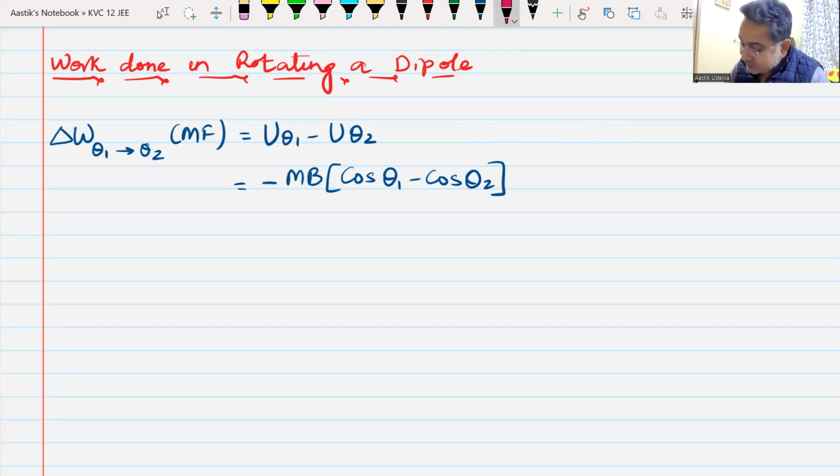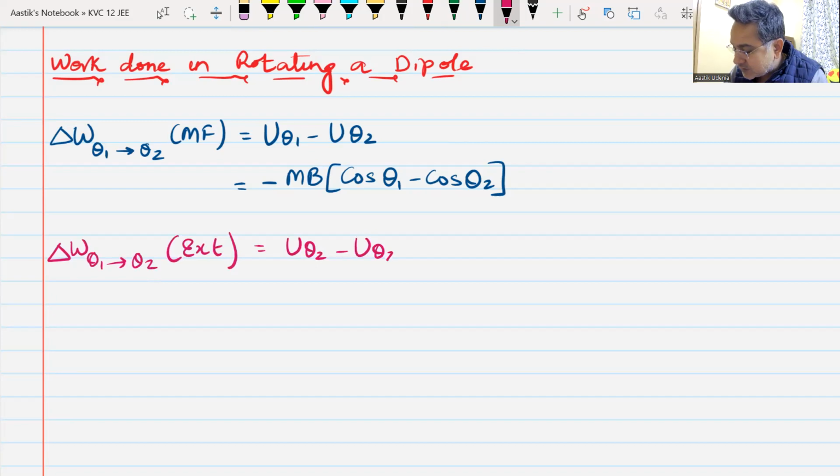On the other hand, if sometimes they ask us the work done in rotating from theta 1 to theta 2 by an external force, that will be equal to U at theta 2, final energy, minus initial energy, provided that the change in kinetic energy is 0. So remember the difference between the two.